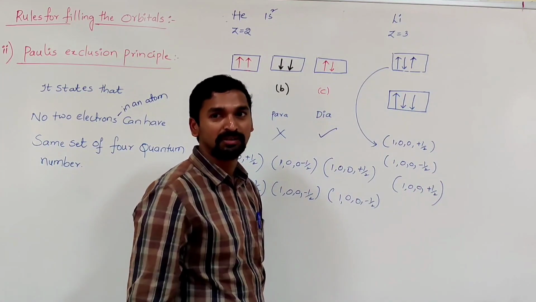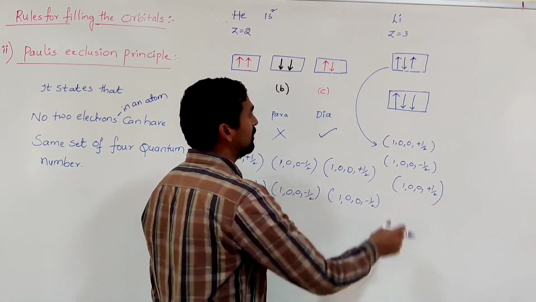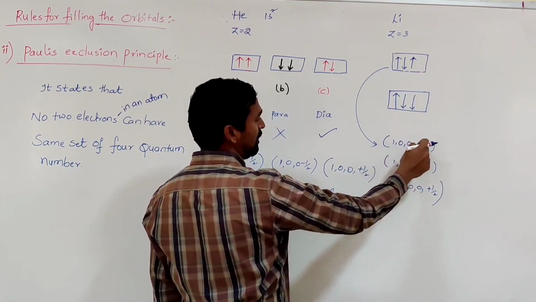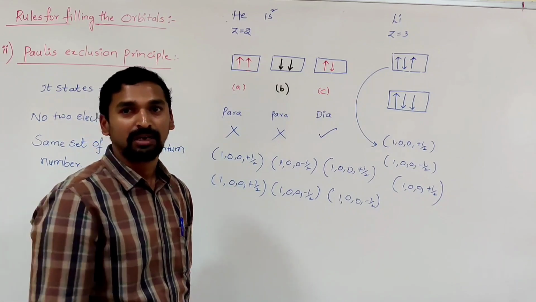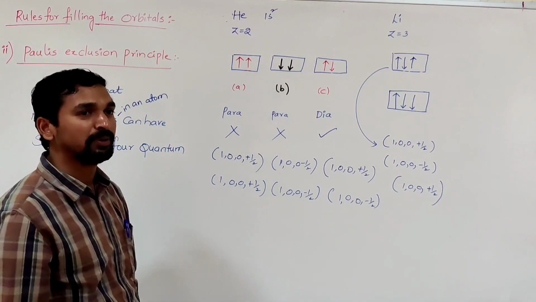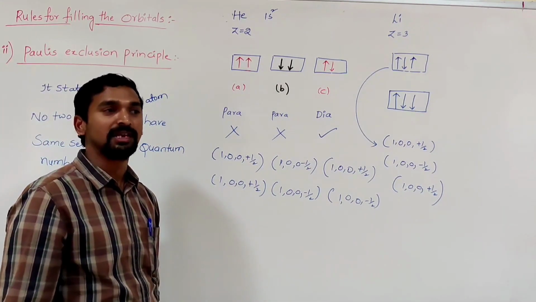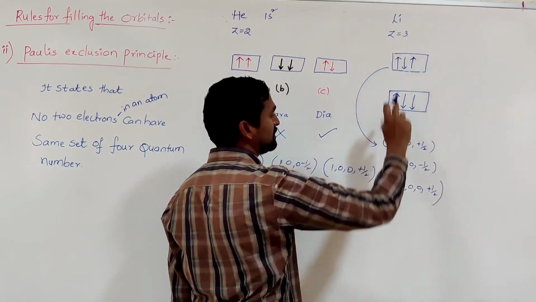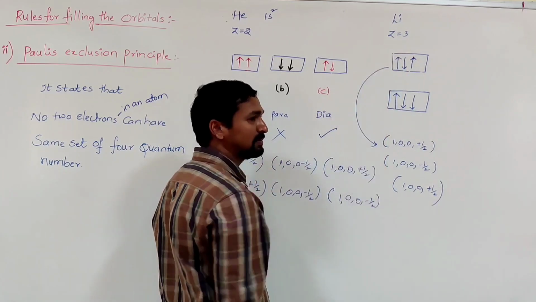So it is valid for Pauli's exclusion principle till that. Then the first and third you can compare. All the quantum numbers are the same, but according to Pauli's exclusion principle, no 2 electrons can have the same set of 4 quantum numbers. That's why the first and the third being the same is not possible.